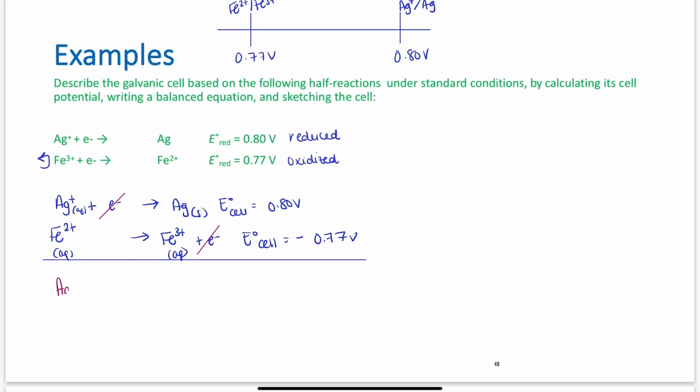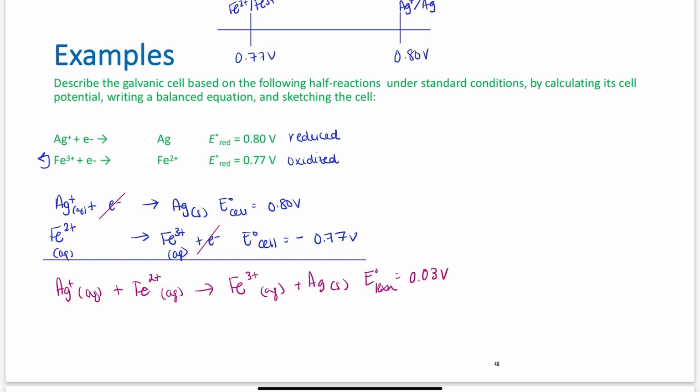I get Ag plus, aqueous, plus Fe2 plus, aqueous, giving me Fe3 plus, aqueous, plus silver solid. And the overall cell potential for this reaction, or I could even, instead of writing cell, I could write E naught of reaction, is 0.03 volts.